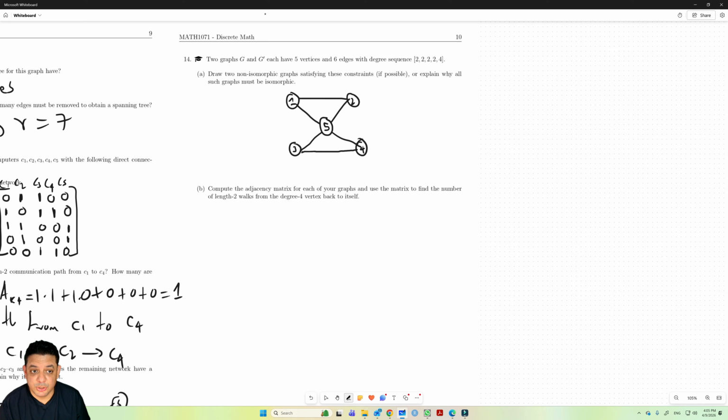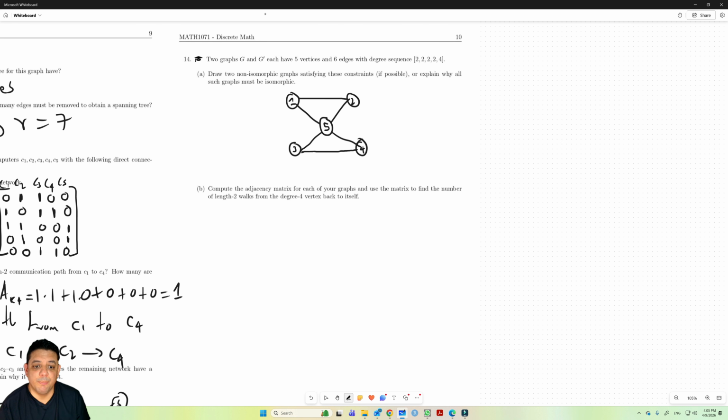So this is pretty much going to be the only graph that is possible with this degree sequence, 5 vertices and 6 edges. If you connect more, then it's not going to follow that sequence. So this is the only graph that can possibly do that.